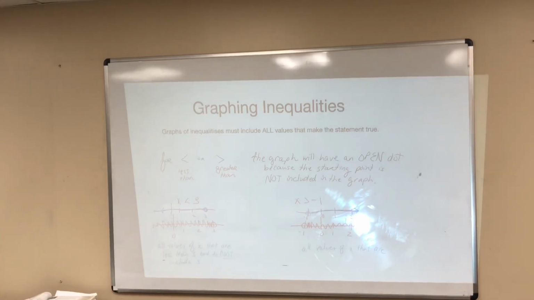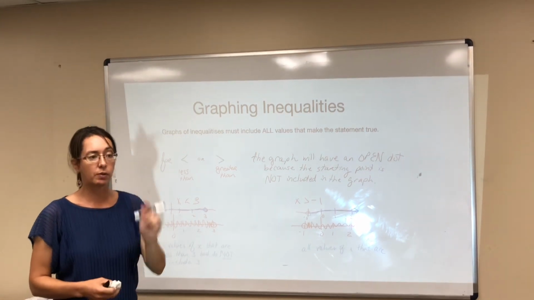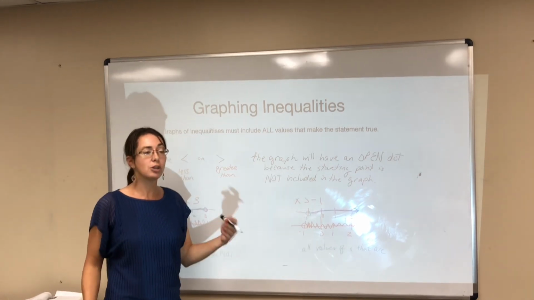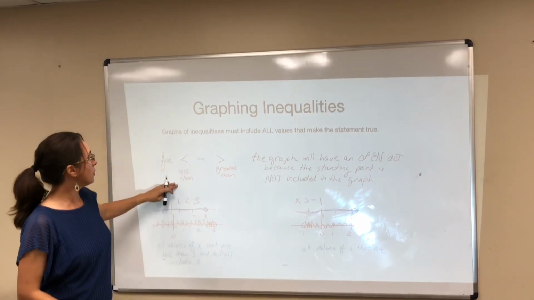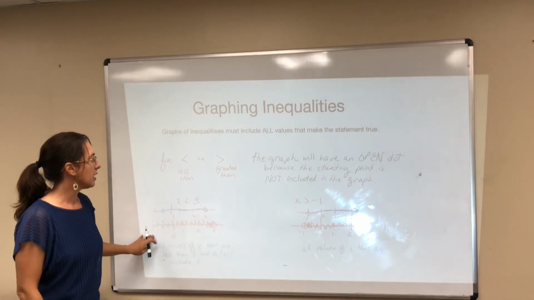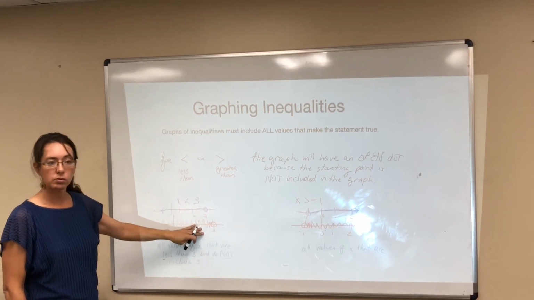Okay. So, things with inequalities. Inequalities have to include all of the values that can make it true. So again, we've gone from it being one single number to now there's a whole bunch of numbers that could answer that. Okay, so we've got the less than or greater than. When we graph them, anything that does not include the equal sign is an open circle.